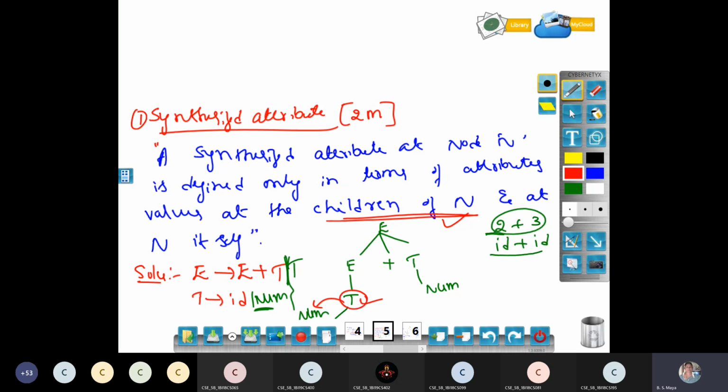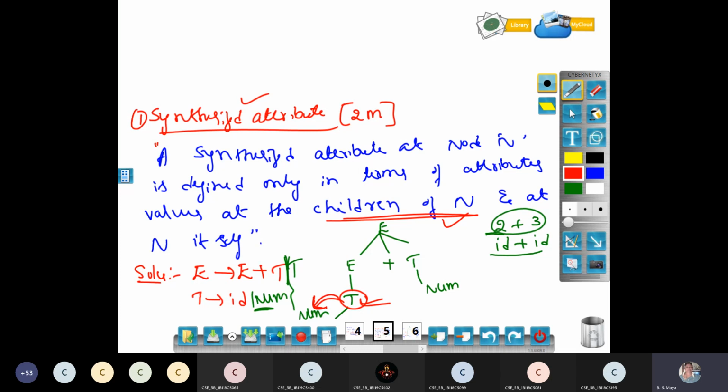It can be dependent on only its children, or on the node itself. If any one of these conditions is satisfied, then it is called what type of attribute? Synthesized attribute. Clear now? What is the definition of synthesized attributes? A synthesized attribute node is dependent on only its children or itself. Then it is called a synthesized attribute.